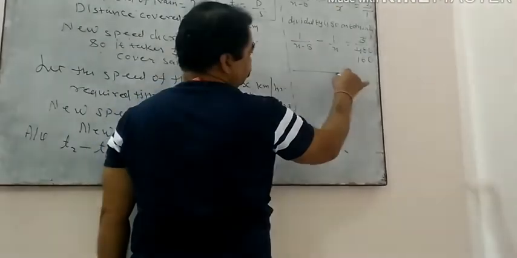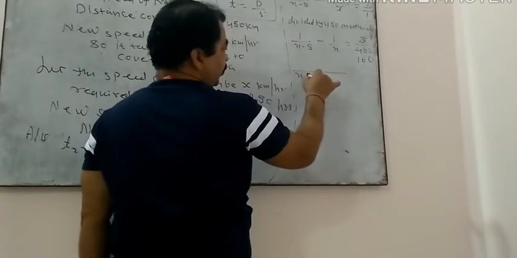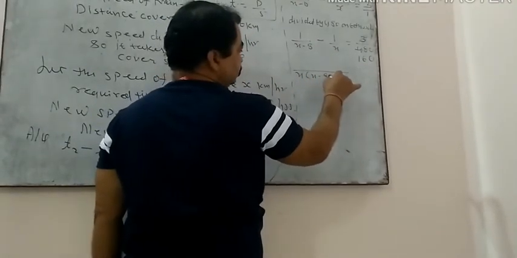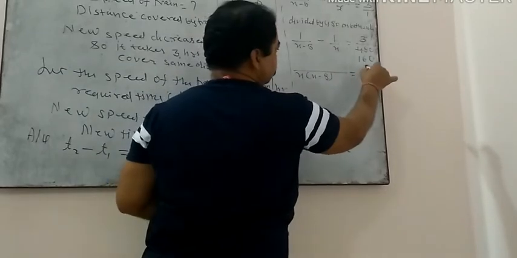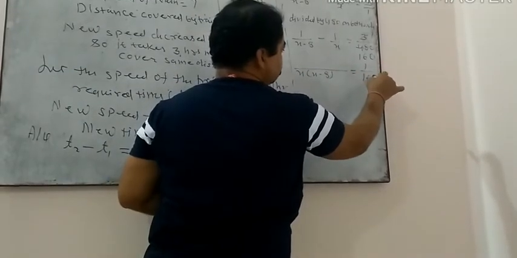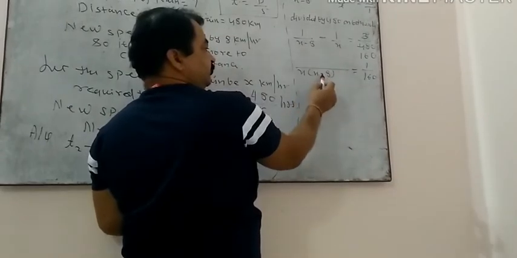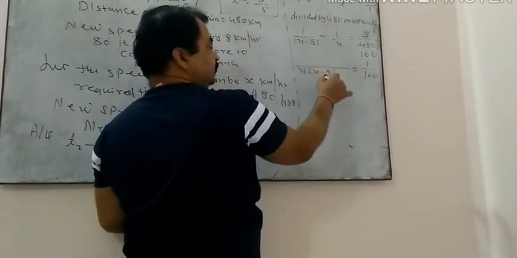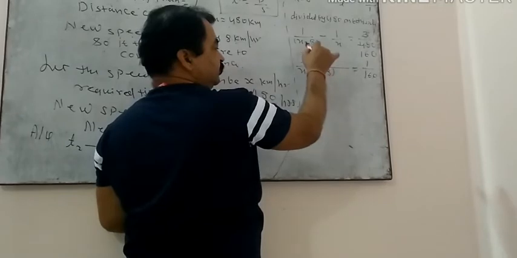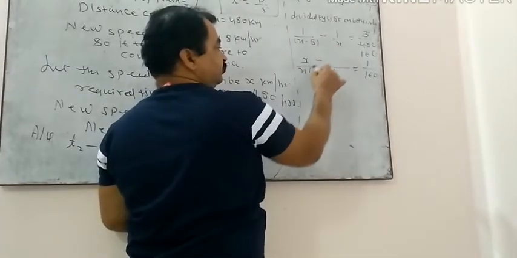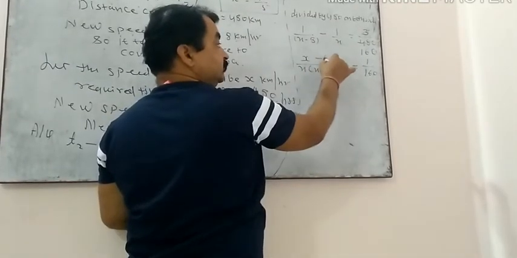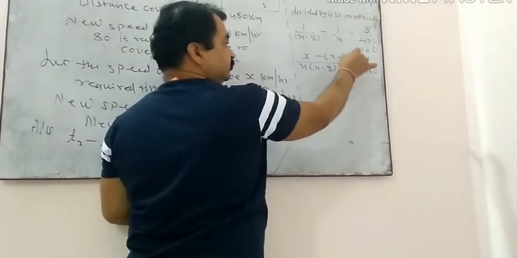Now you take the LCM for this denominator part, x of x minus 8. Same LCM you will get here. 1 upon 160. Right? Now when you divide with x minus 8 it cancels, only x left. So 1 into x. And here when you divide with x it cancels, you will get x minus 8.